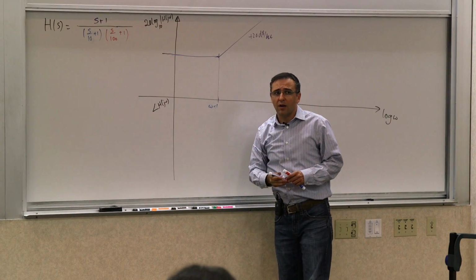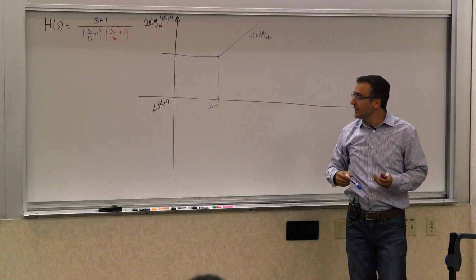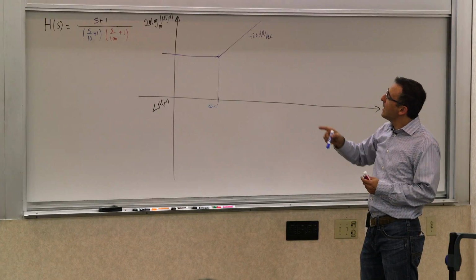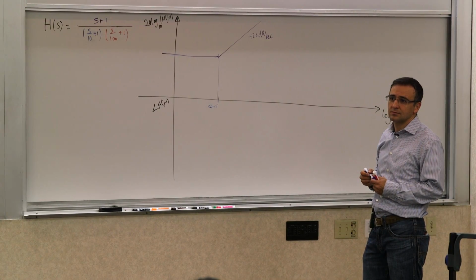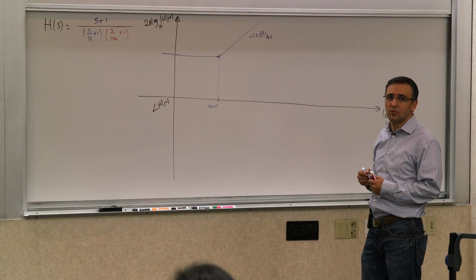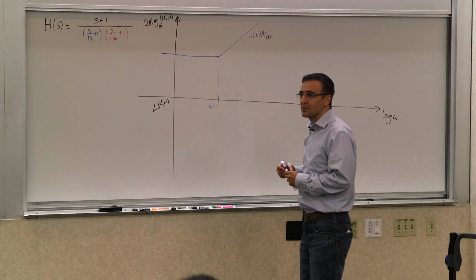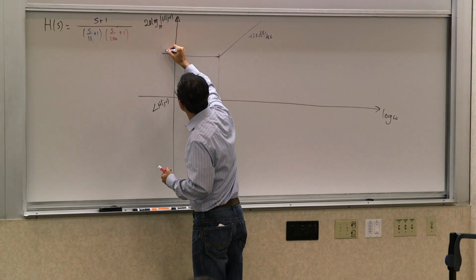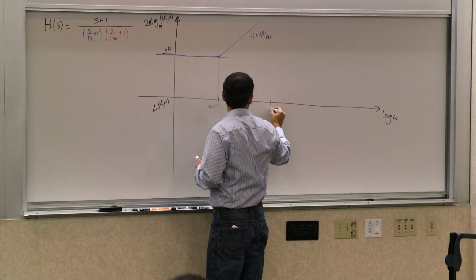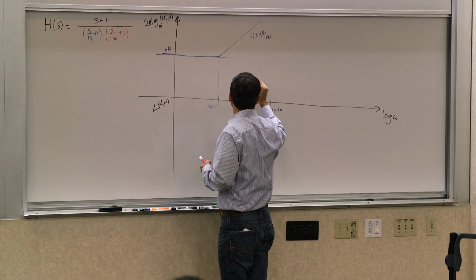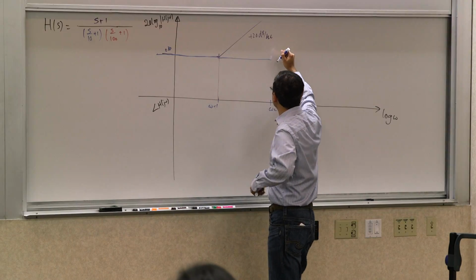Okay, now let's look at the next one. How about the blue one, the denominator term? How does it look like? So again, you start from 0 dB, by the way. So you start off from here, and then let's say this is omega equals 10. What happens at this point?